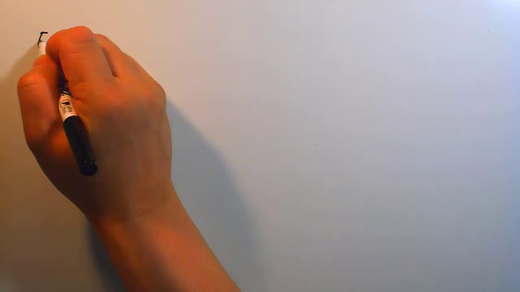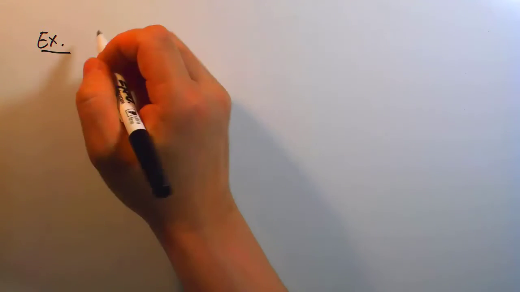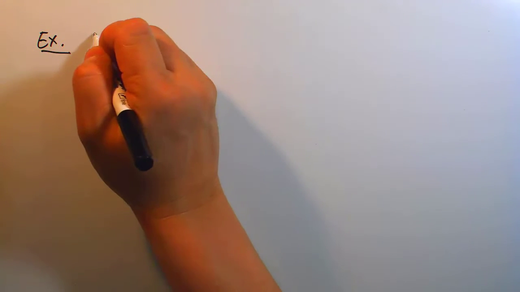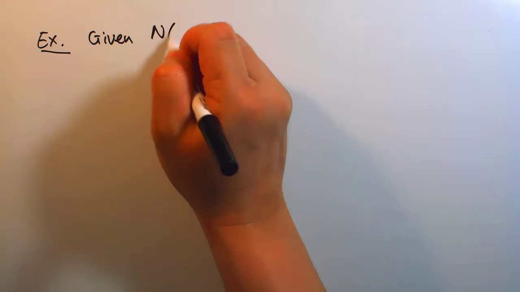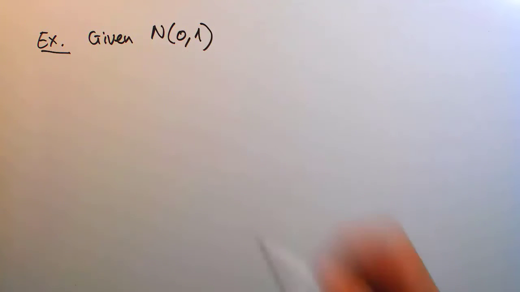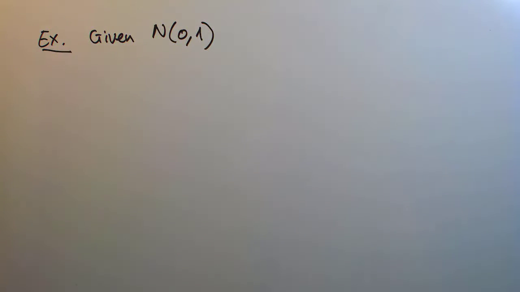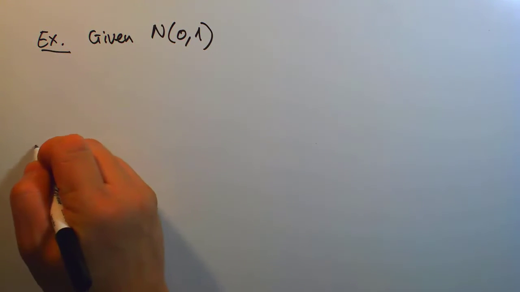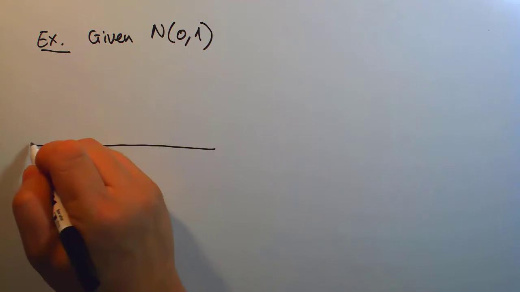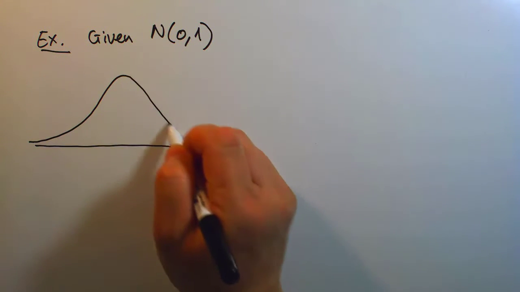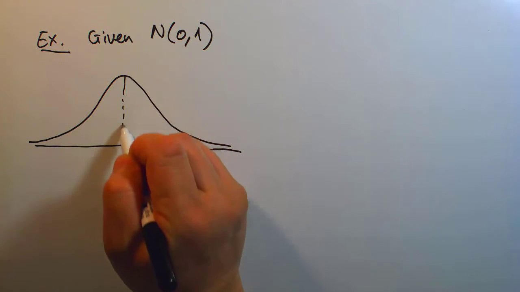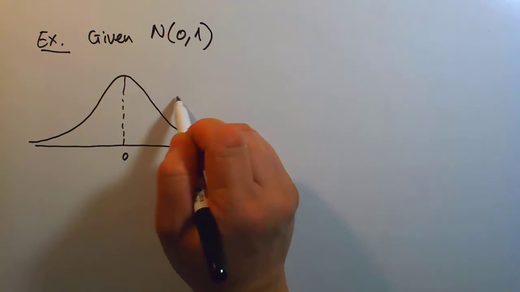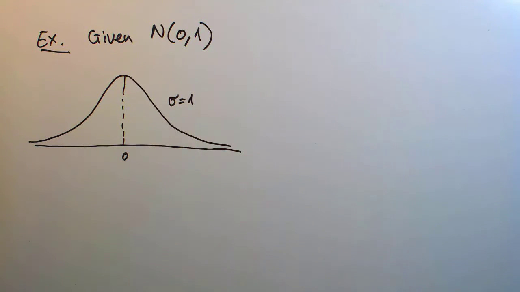Okay, so let's look at another example over here. And once again, we're given a standard normal distribution, 0, 1. I'm going to go ahead and draw a bell curve right here. This bell curve has center at 0 with standard deviation 1.